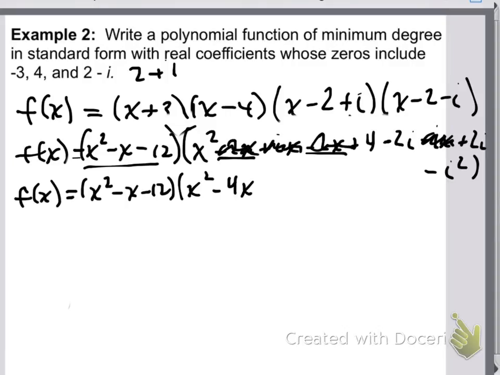I'm done with these. So I have a positive 2i and a negative 2i, and so I'm left with 4 minus i squared. So this is a negative times a negative 1, so that's really going to be a positive 1, so 4 plus 1, that's going to give me a positive 5 here.